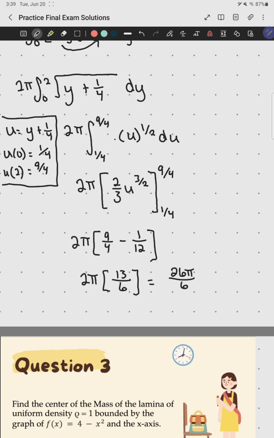Let me just make sure I can't reduce that. We're left with 13 pi over 3 units.